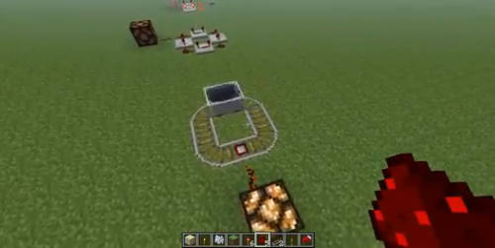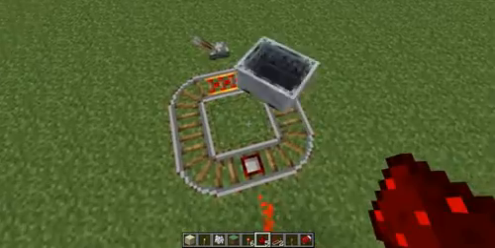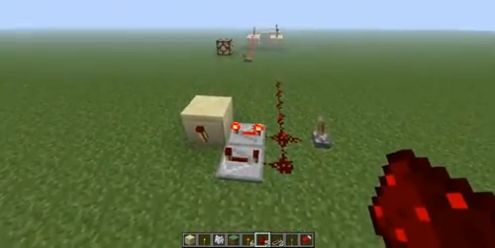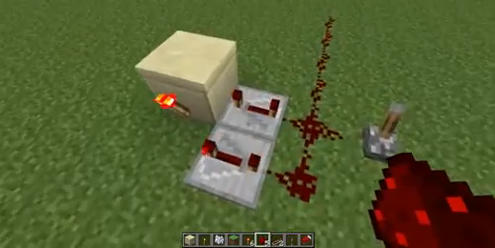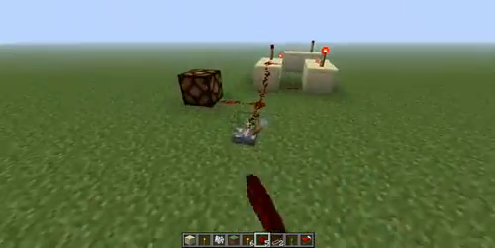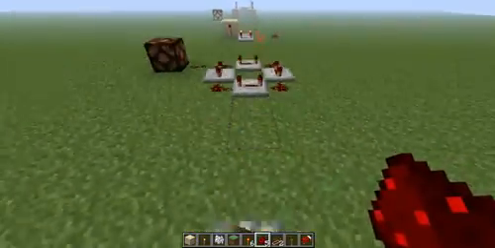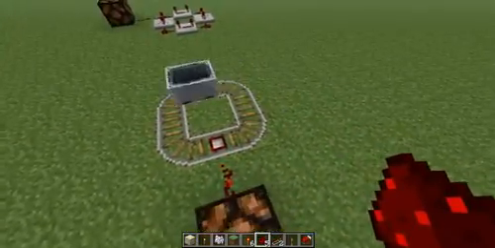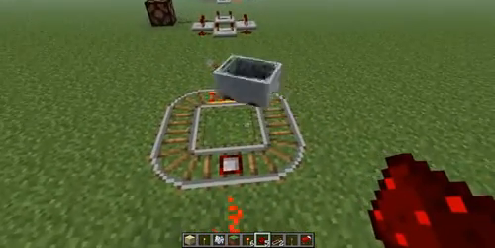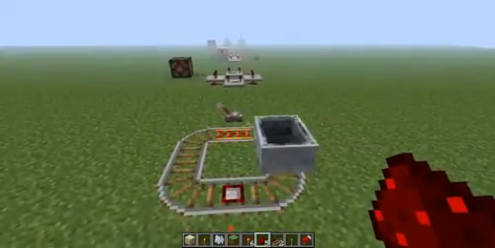The only good thing about it is that it doesn't cause lag as the other clocks do, because here the blocks are changing all the time, and here as well. But with this one, the only thing that is changing is this minecart, and it's not a block actually. Ooh, lag. It's an entity.